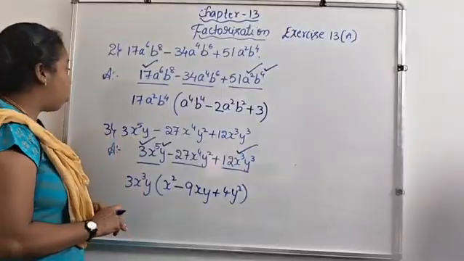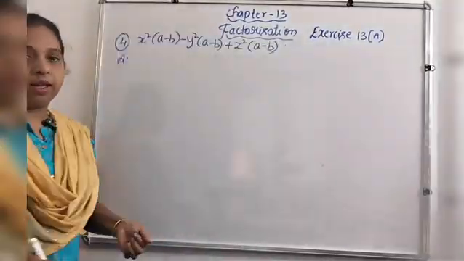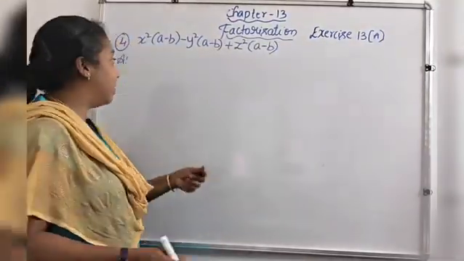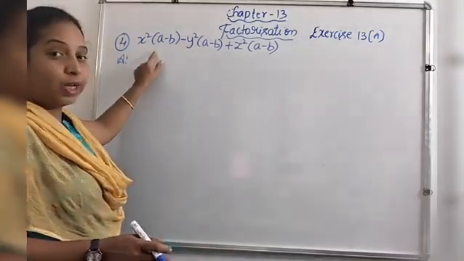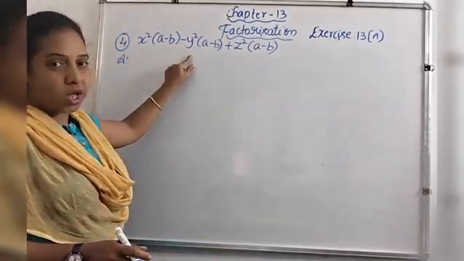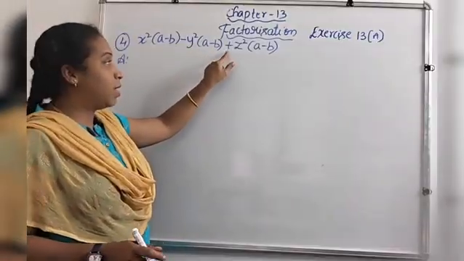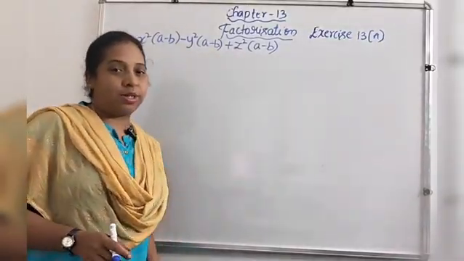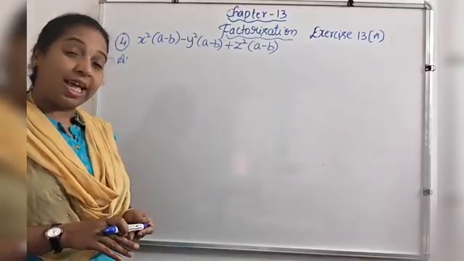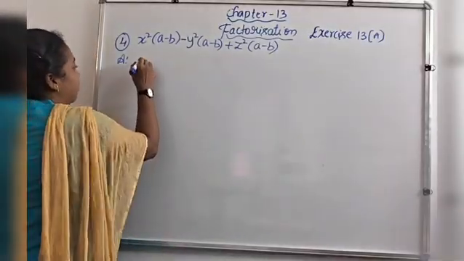Let's go for the next question, the fourth one. The fourth question is x square into (a minus b) minus y square into (a minus b) plus z square into (a minus b). Again we write the question as it is.